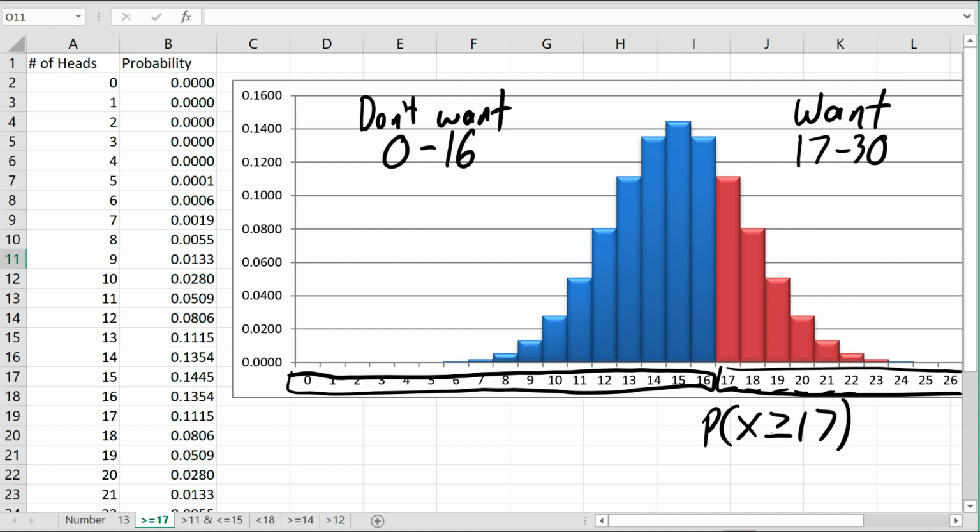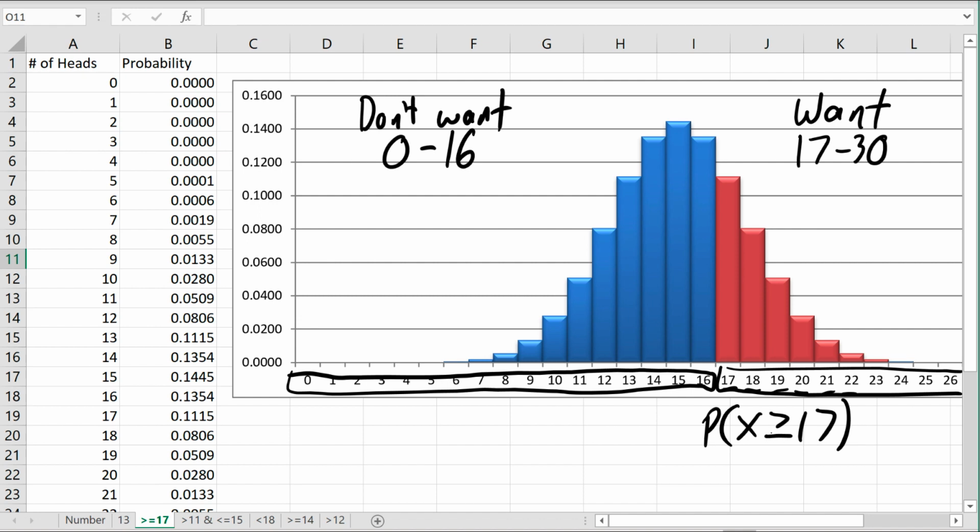Those two things together, what we want and what we don't want, have a probability of 100% or 1. Because something has to happen, right? Somewhere between 0 and 30 successes has to happen. So either it's between 0 and 16 or it's between 17 and 30, but it has to be one of those two things. Okay, so we want to find the probability that X is greater than or equal to 17.